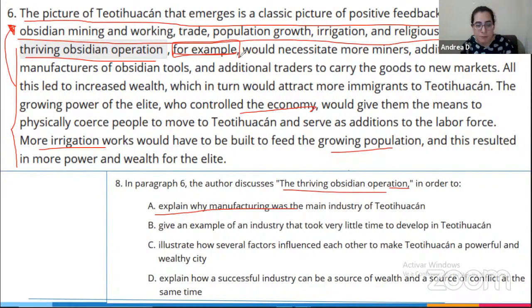It's an example of something. But what is the thriving obsidian operation exemplifying? Can you tell me that? What is the thriving obsidian operation exemplifying or illustrating? It's an example of what?